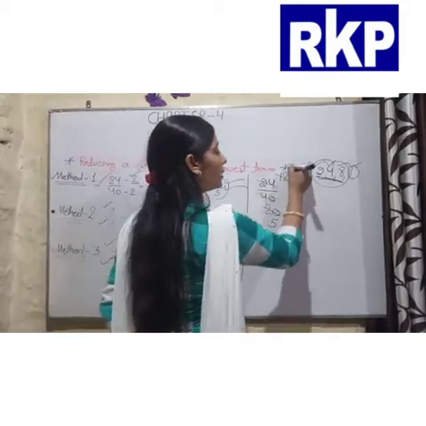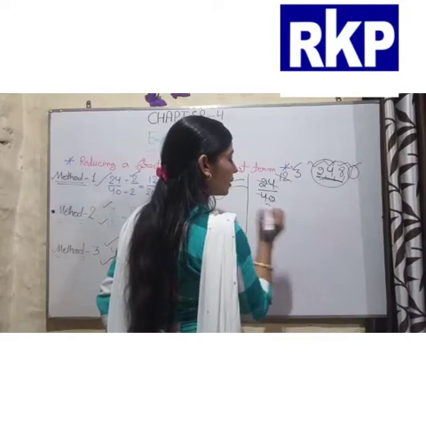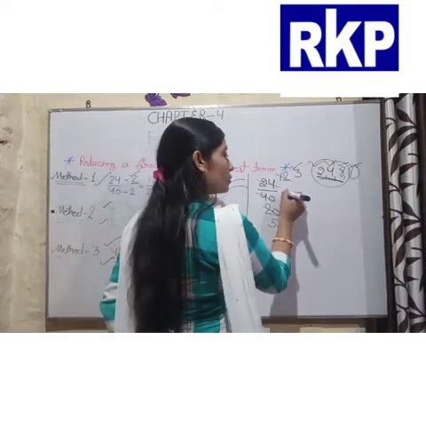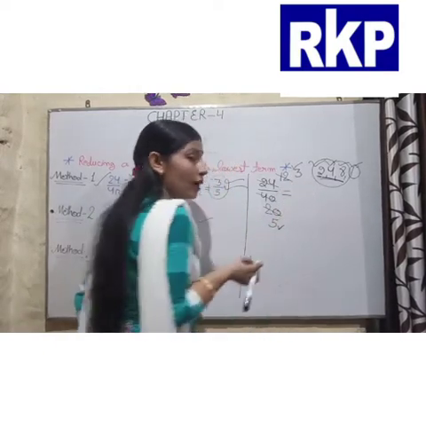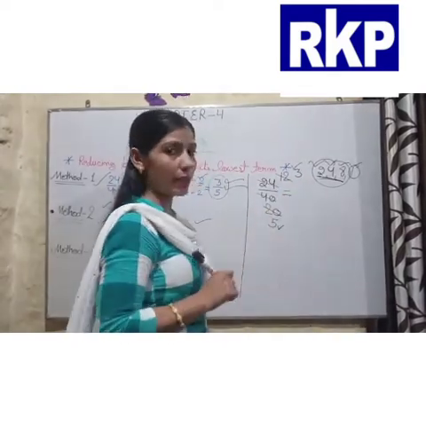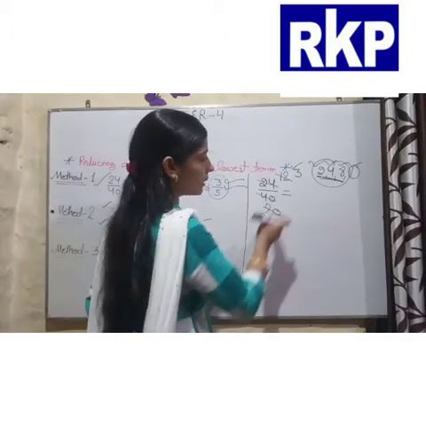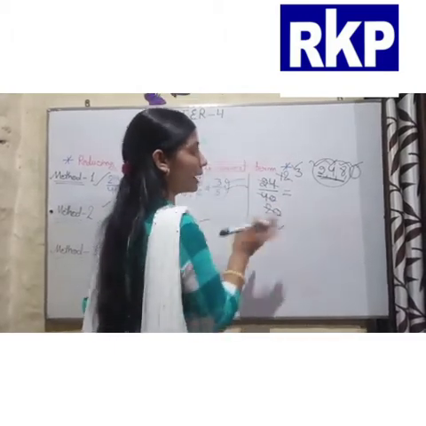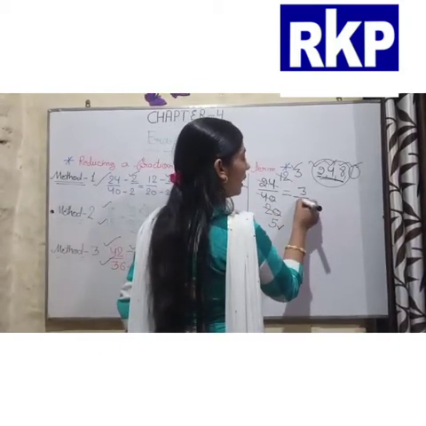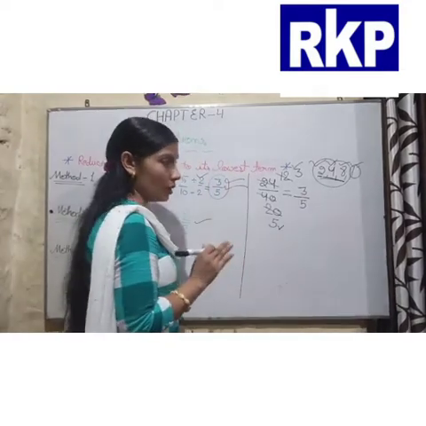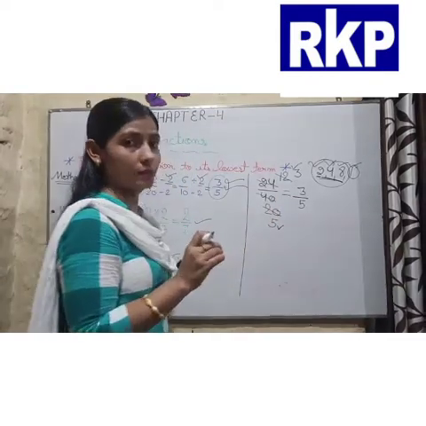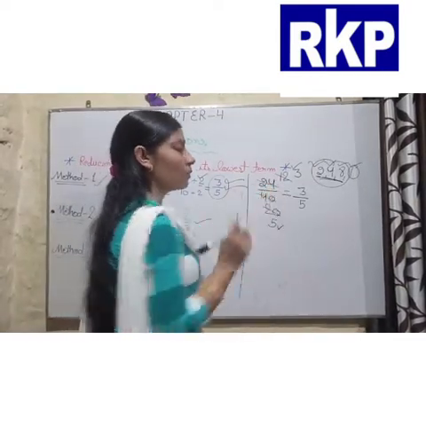We write only the quotient, no need to write the divisor. 3 is a prime number and 5 also is a prime number, and there is no common factor other than 1. So we get 3 by 5 as the lowest term of 24 by 40.